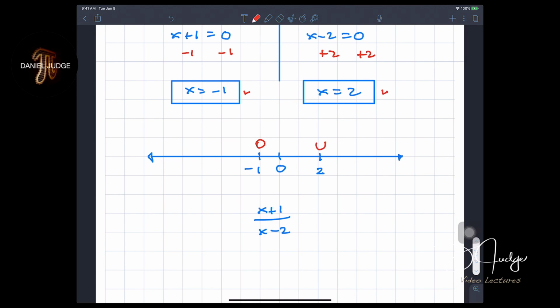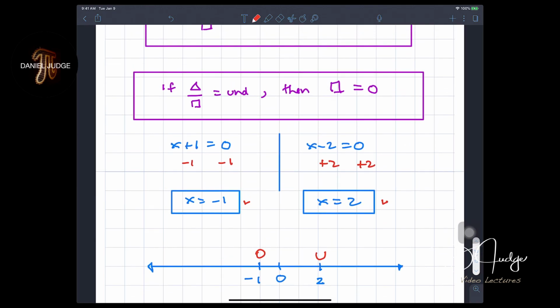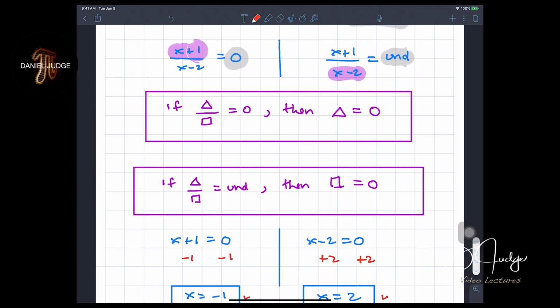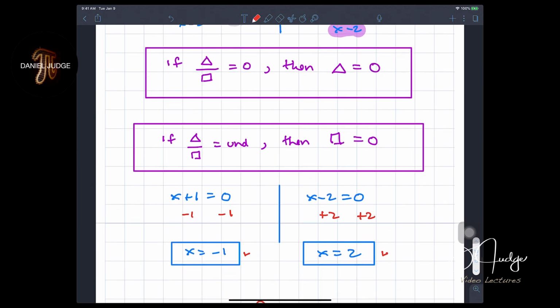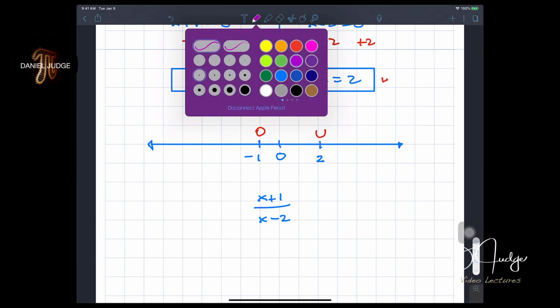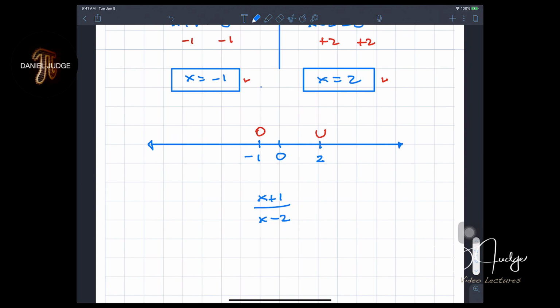So I don't put 0, I put U for undefined. When x is 2, the fraction's undefined. When x is negative 1, the fraction is 0. That's what we're looking for. So this is going to define for us the partition that we were looking at yesterday. So we're partitioning here and here.